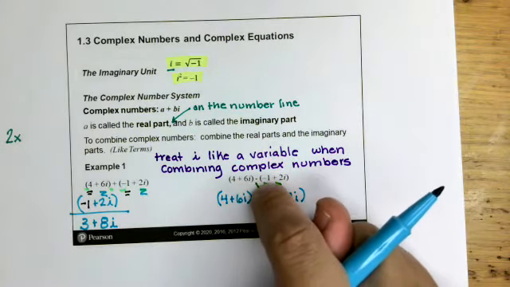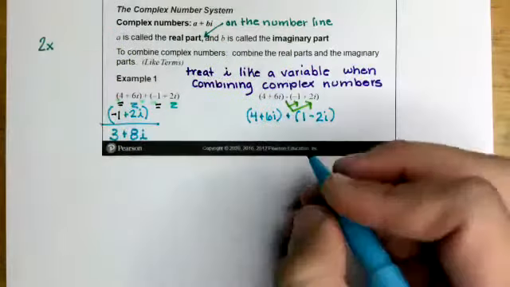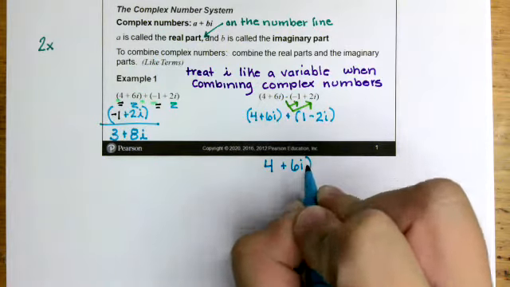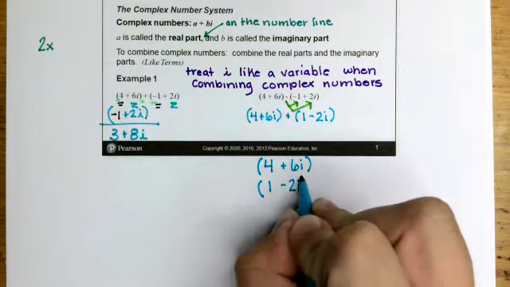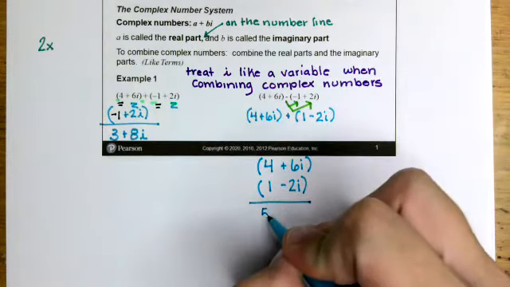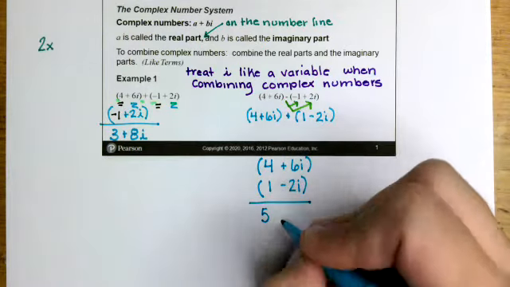A negative times a negative is a positive. A negative times a positive is a negative. Or you can rewrite it 4 plus 6i and just put the other one right on top, 1 minus 2i. 4 plus 1 is 5. 6 minus 2 is 4.